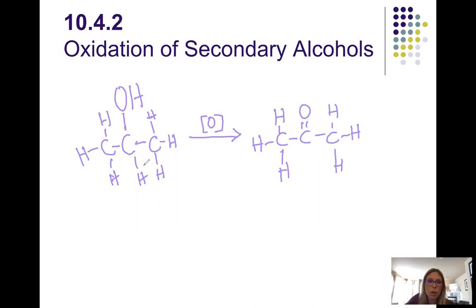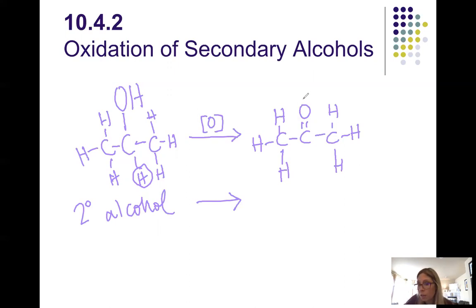And so you're going to notice that this hydrogen has also gone away. We don't need to worry about that as one of the other products because we're mainly focused on the organic compounds being created in this. So with this, my secondary alcohol got converted into this thing right here.